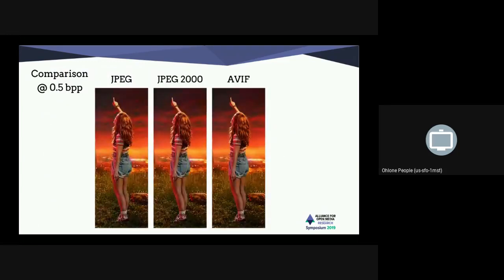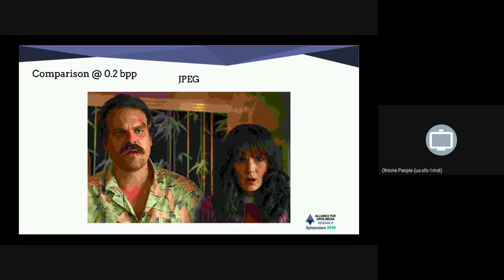I'm not sure you can see anything on the projector here. This is just to illustrate the differences when encoding an image with JPEG, JPEG 2000, or AVIF. Probably you don't see much. You tell me if you see anything. No. So we pushed the boundaries a bit here and went crazy. I guess you can tell it's a bad image here, right?